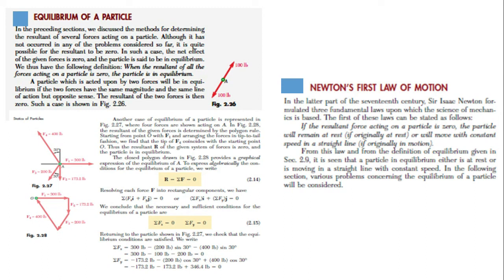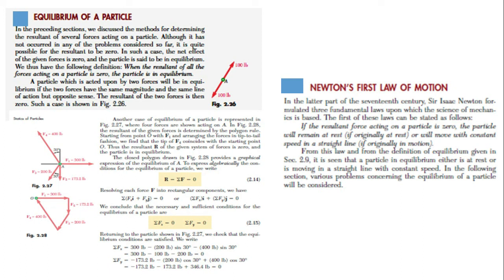X and Y axes are there, but graphically you can also plot these forces from the origin O: F1 is 300 pounds, then F2 is 173.2 pounds, then F3, which is 200 pounds at an angle of 30 degrees from the negative y-axis, and then F4 converges, which is 400 pounds. So it forms a closed polygon, providing a graphical expression of the equilibrium of point A.